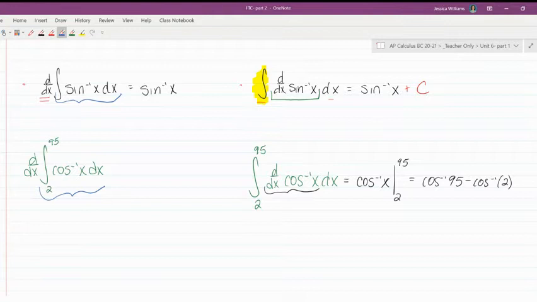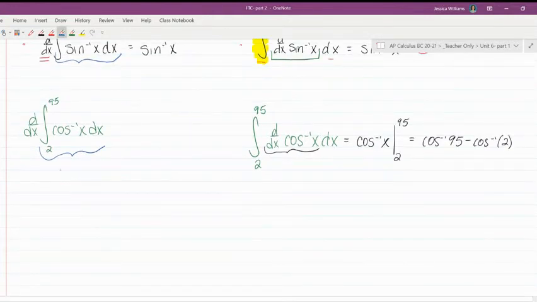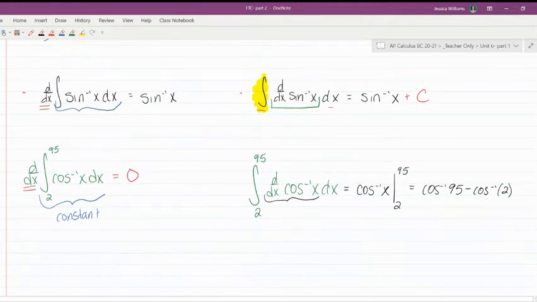Like plug in 95 and then plug in 2. And when you're done with that, you get a number, like you get a constant out because 2 and 95 are both constants. You're going to plug them in. So if the very last thing you do is take the derivative of a constant, you're going to get 0. All right, so all four of these situations are the same thing, but the order matters. The order that you do these things in matters.